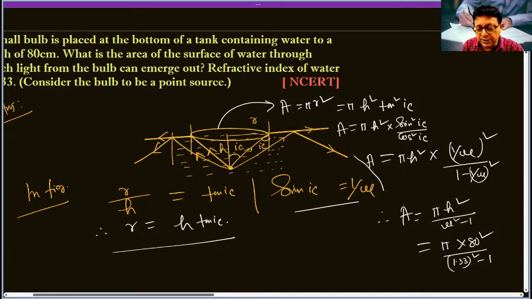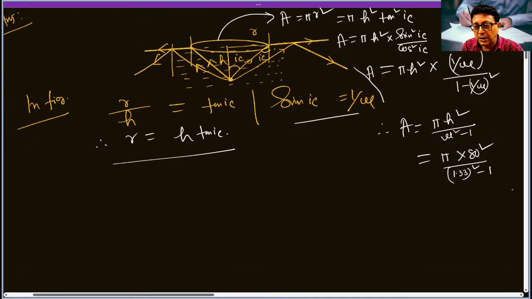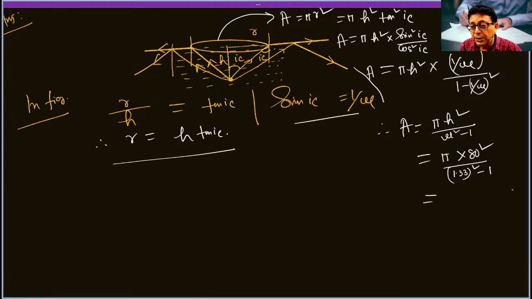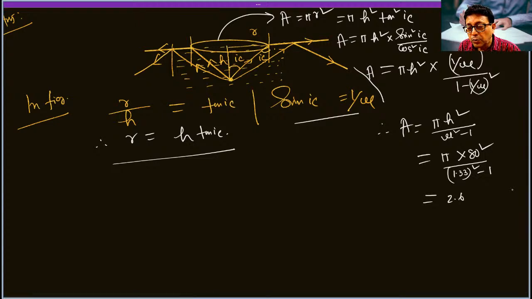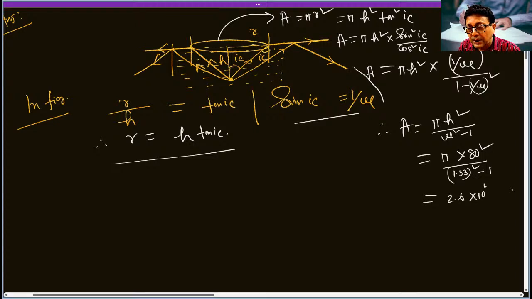Pi into 80 square, 1.33 square minus 1 into pi. So it's coming 2.6 into 10 to the power 4 centimeter square, or 2.6 meter square.